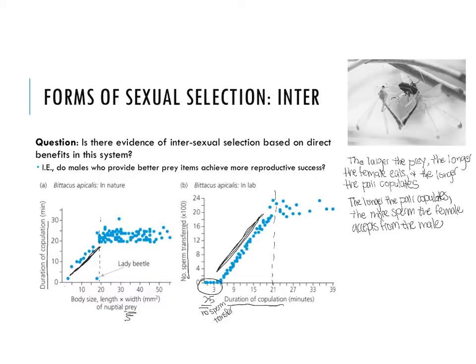And then here's a little additional information to help you think about reproductive success of males. So in addition, researchers have found if the female finishes the prey item before 20 minutes, she will break off copulation.